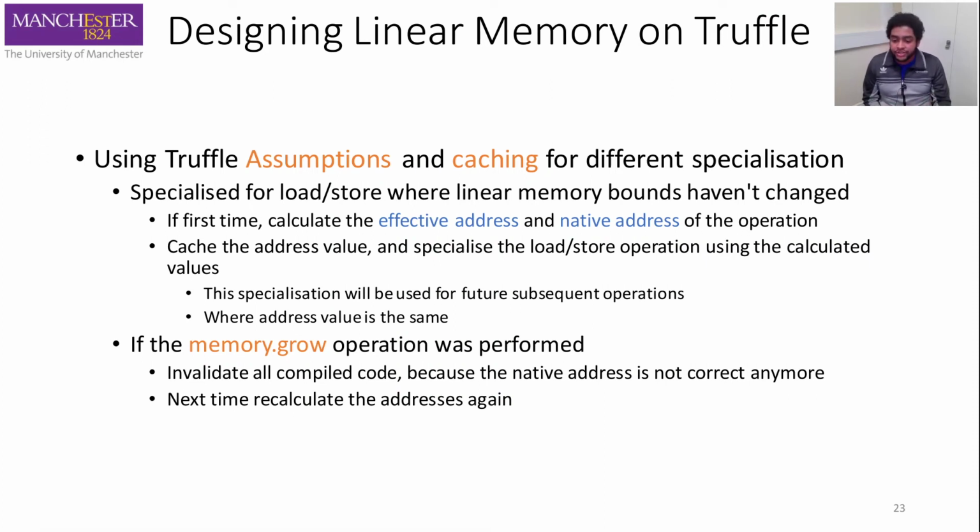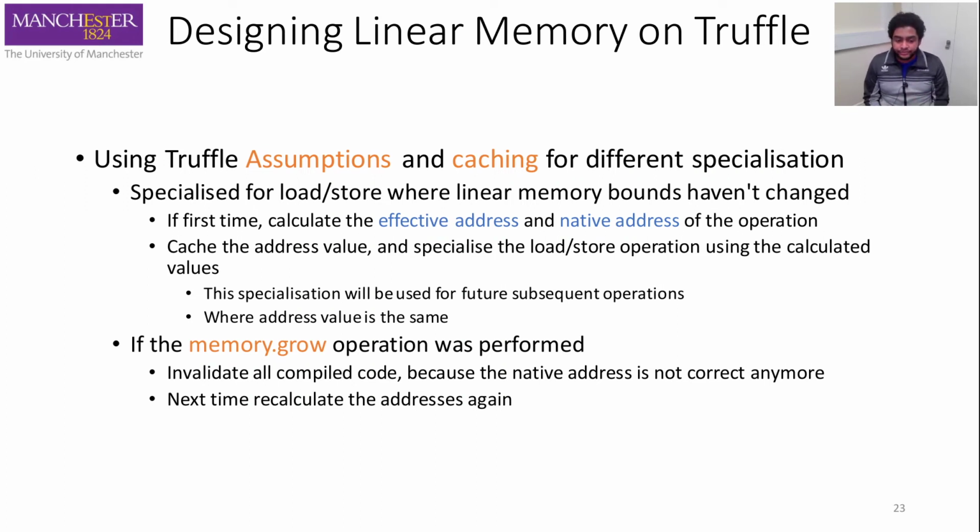We will also need to make sure that if a memory grow happens, which means now the linear memory might have moved from the initial native memory where it was stored, this code is discarded and the values are recalculated again. Since memory reallocation will generate different spaces for the linear memory, we want to make sure there is not much overhead when we discard the machine code.